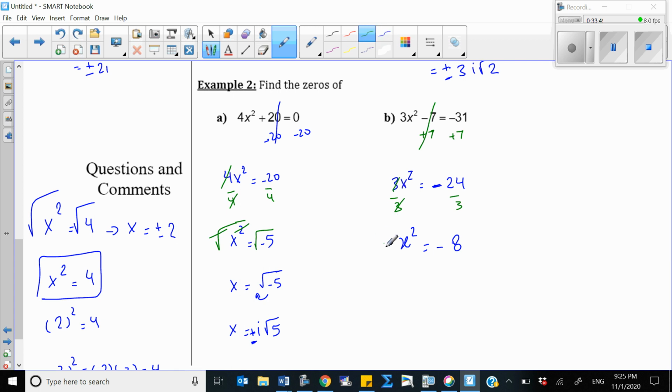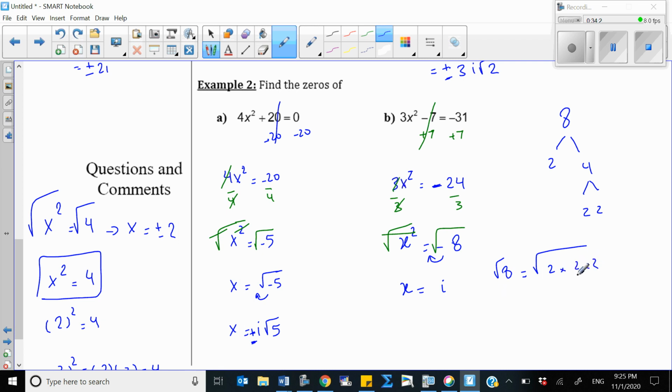So take the square root of both sides. From here, x will be, first of all, move the negative sign outside, so it will be i. And then I need to find the square root of 8. What is the square root of 8? Let's see. 8 is 2 times 4, and 4 is 2 times 2. So the square root of 8 will be the square root of 2 times 2 times 2.